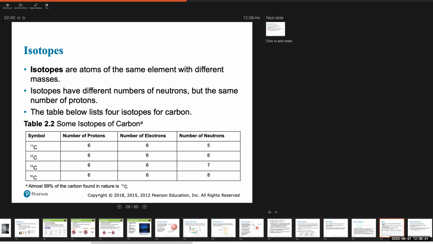We said before that the superscript is the mass, the weight. If the protons stay the same, and the electrons stay the same because we're balancing the charge, then the only way to get a mass increase is to have the neutrons increase.